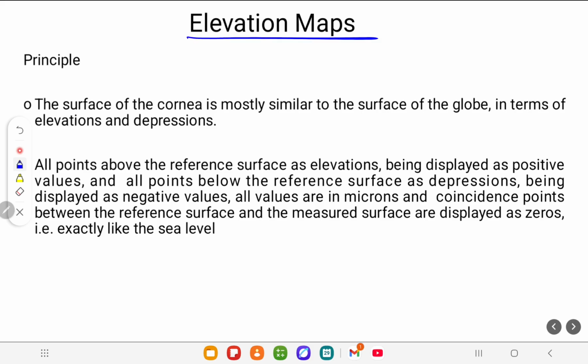Okay, so another concept is the elevation map, which is very important. Whenever I was in hospital analyzing corneal topography, I always looked at posterior elevation. My very first target is to see posterior elevation, because posterior elevation is highly sensitive whenever you are trying to diagnose keratoconus, or at least differentiate keratoconus from normal.